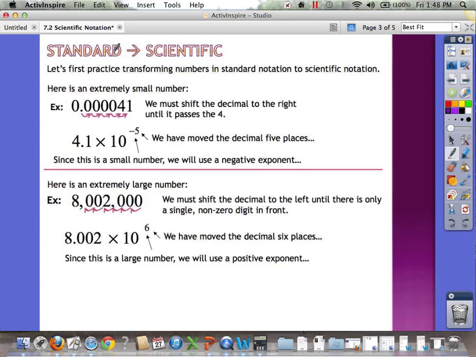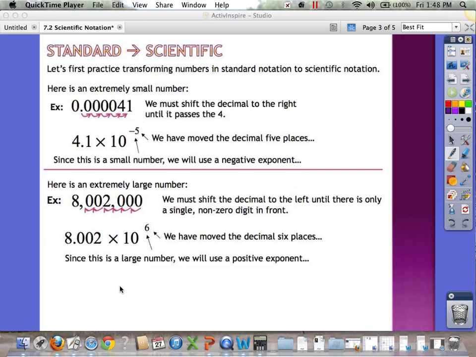All right, so let's first practice transforming numbers in standard notation to scientific notation. Excuse me, I'm getting this backwards. Here is an extremely small number, 0.000041, and we want to make it into scientific notation.